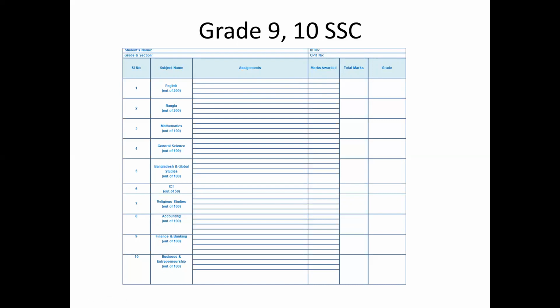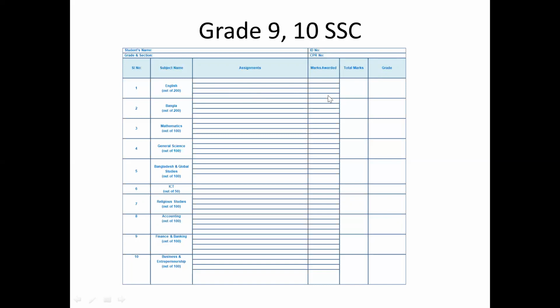For example, if you have given them worksheets on prepositions, verbs, something like that, 2 or 3 worksheets, you can combine them and mention here so that the total marks awarded is 50, or you can combine topics here and mention the assignments and the total marks will be out of 50 here.